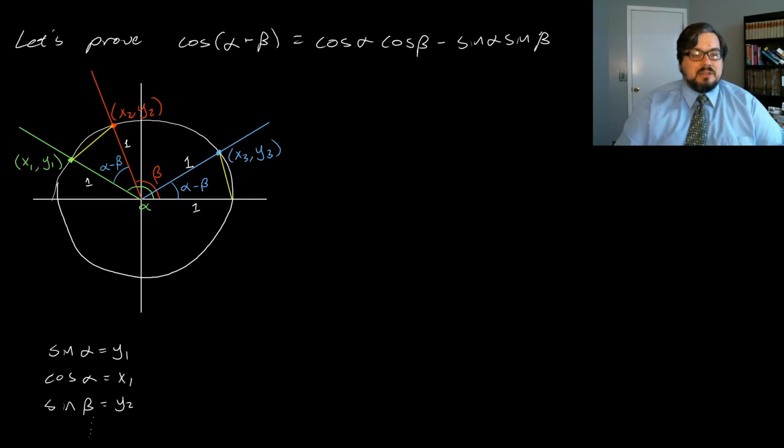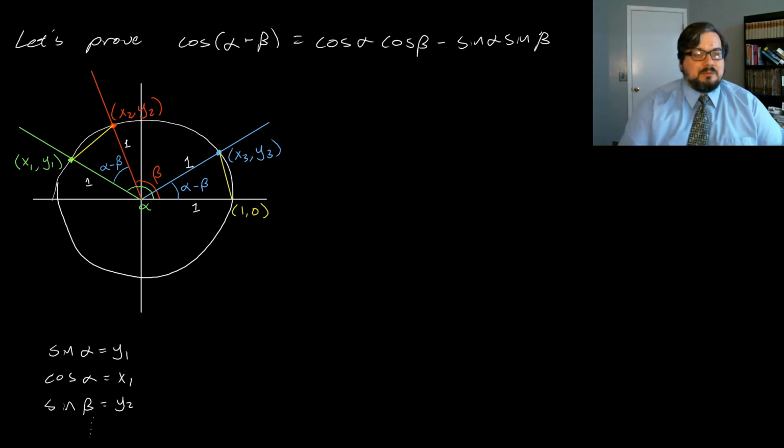So in particular, the triangle that goes from x3, y3 to the origin to the point 1, 0, the triangle with the blue side, is congruent to the triangle with the red and green sides.